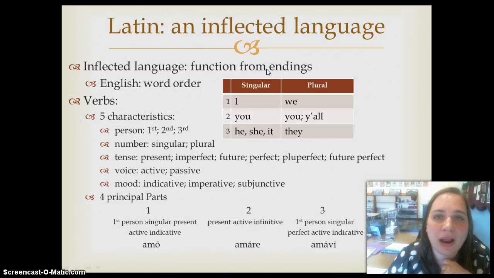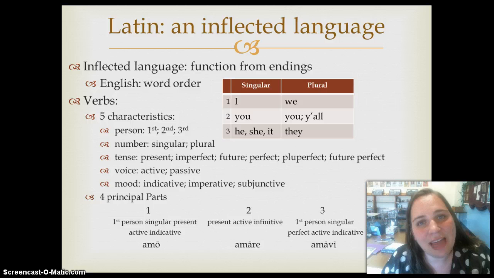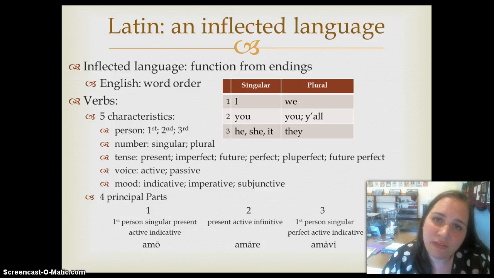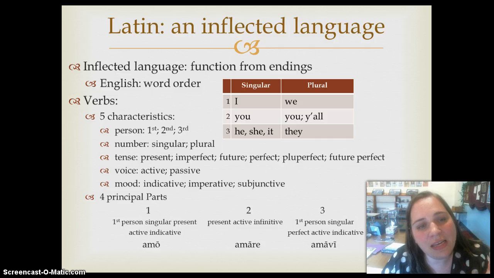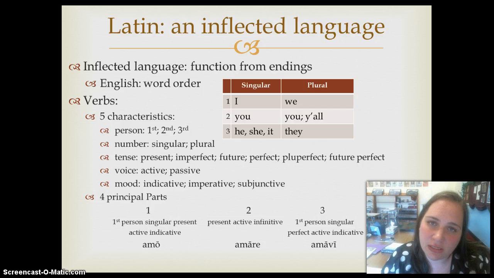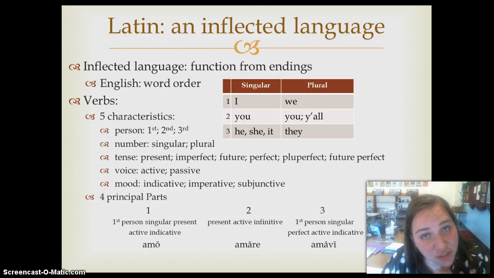Okay? All right, so the first thing you need to know is that Latin is what is called an inflected language. What that means is that you get the function of nouns in any given sentence from the endings, not necessarily from the order in which the noun falls in the sentence. That's how we do it in English.